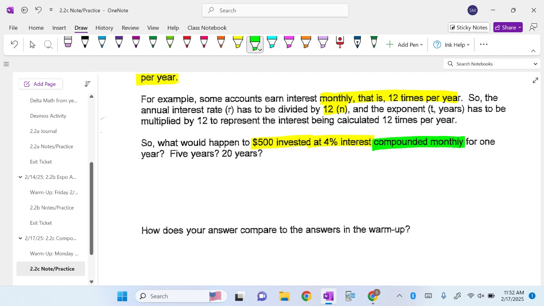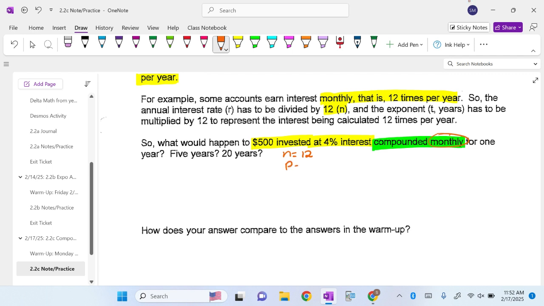All right. First off, let's set up the formula before we start putting things in our calculator. If it's compounded monthly, what does my n value have to be equal to? 12. Compounded monthly, once every month. There are 12 months in a year. So my n value is equal to 12.